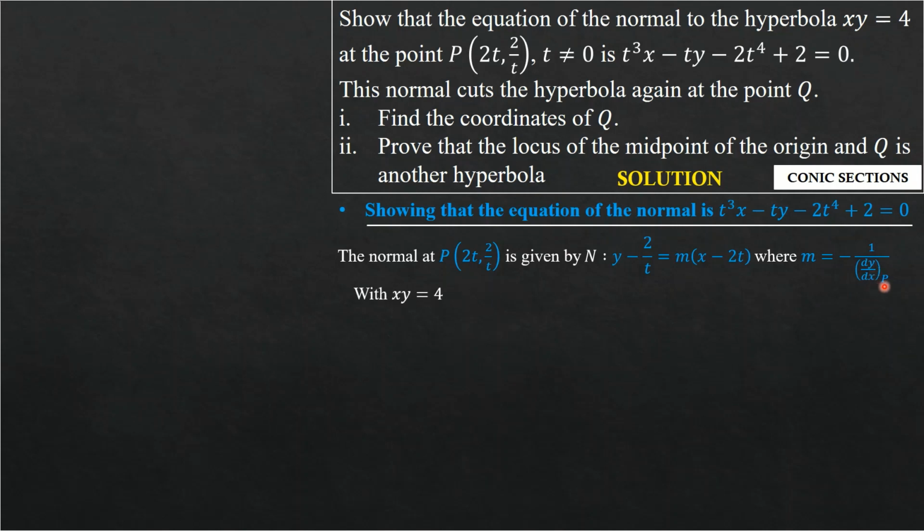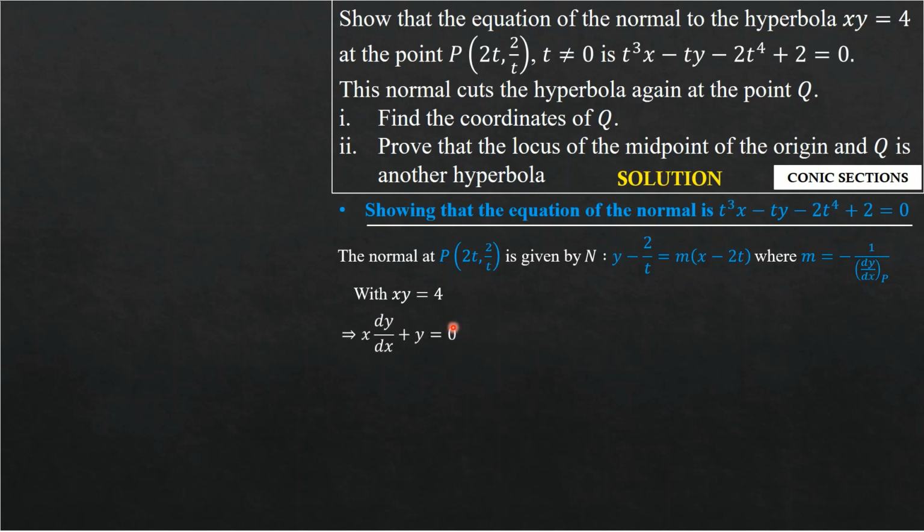So first of all, we have xy equal to 4. We can carry out implicit differentiation, or we simply divide both sides by x. Dividing all through by x, we get the right hand side to be 4x raised to the power negative 1, which is easy to differentiate. But I use implicit differentiation so that people should also know what implicit differentiation means.